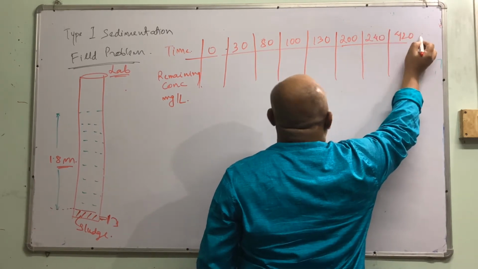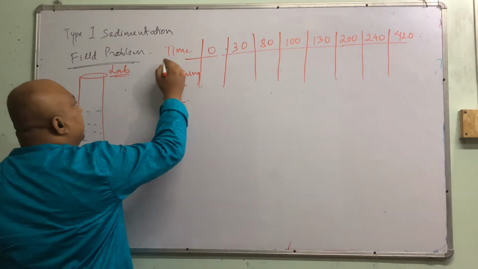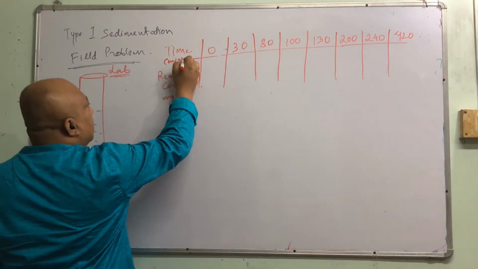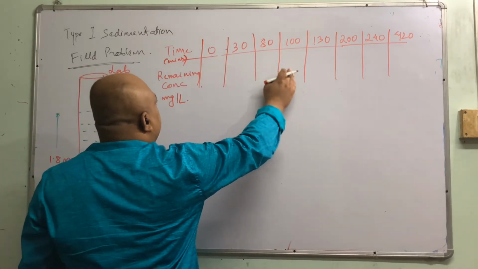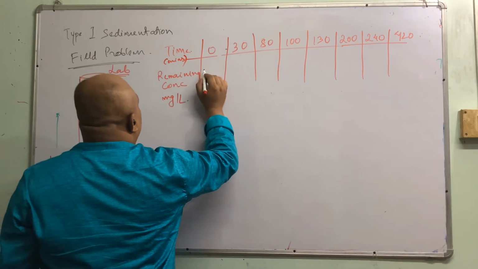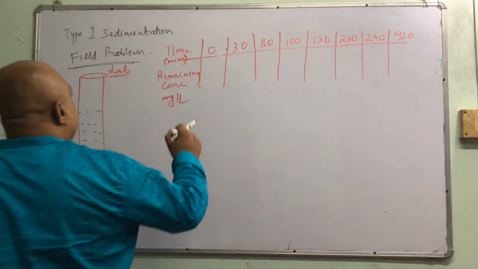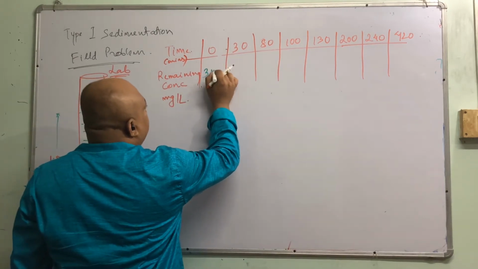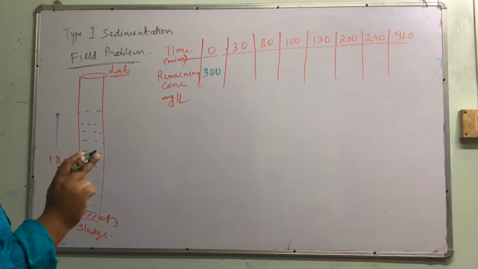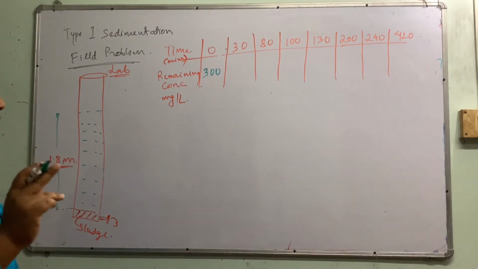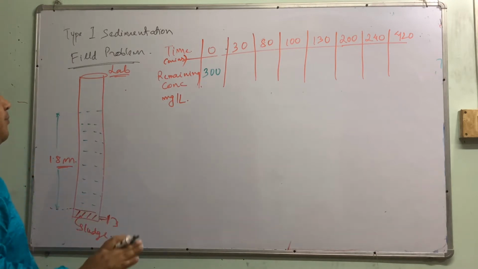The question is, you keep on observing it. After 30 minutes you observe, then 80 minutes, then 100 minutes. In the first one, let's say this is 300. That means the initial concentration of the incoming solids is 300 milligram per liter at 0 time.